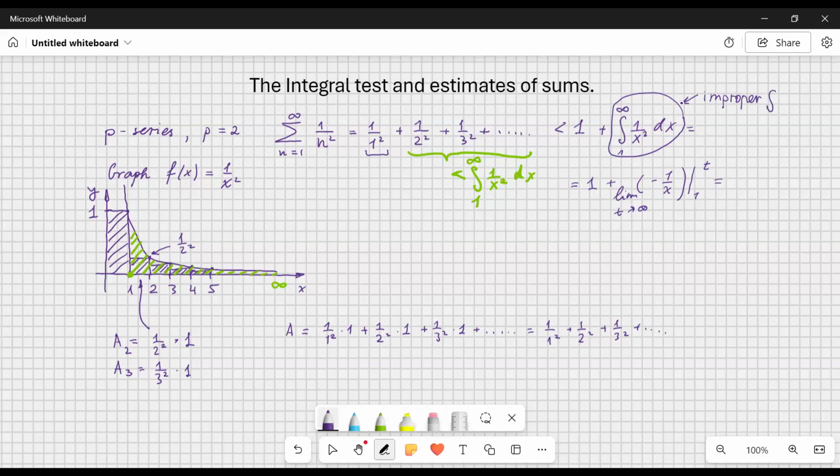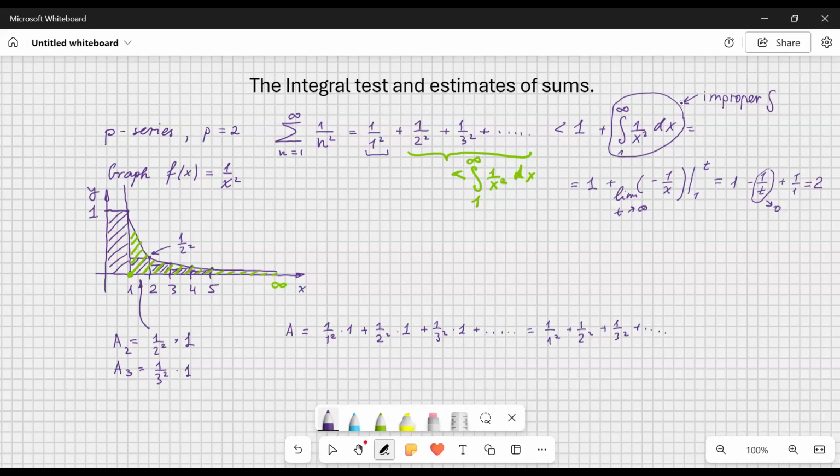Oh, let's do the substitution. That's 1. And I'll substitute the upper limit, minus 1 over t plus 1 over 1. What is going to be the limit when t goes to infinity? The limit of this term will go to 0. And I'm going to get just 2. So that's going to be the upper limit of my sum.